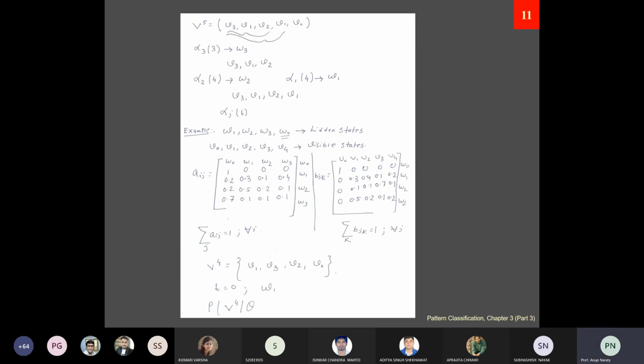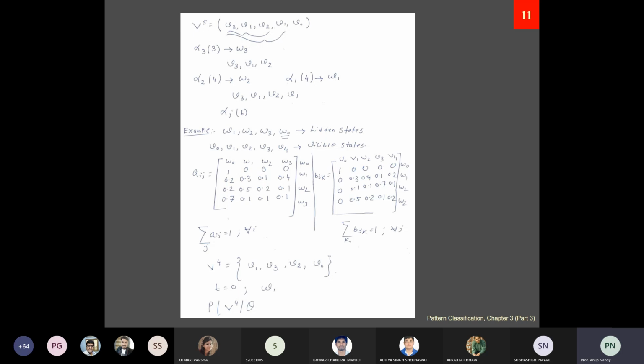Now what you have to do is compute. The model theta is given, which means the transitional probability and emission probability will be given to you. Aij is with rows and columns W0, W1, W2, W3: 1, 0, 0, 0.